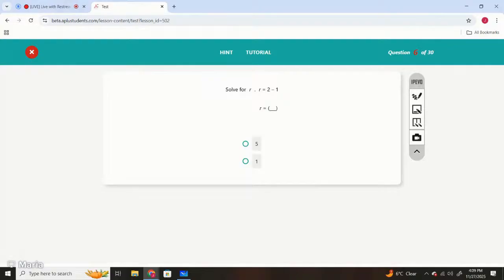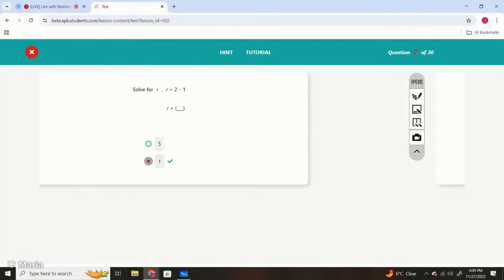Solve for R. R equals 2 minus 1. 2 minus 1 is 1, so option number 2 is the correct option.